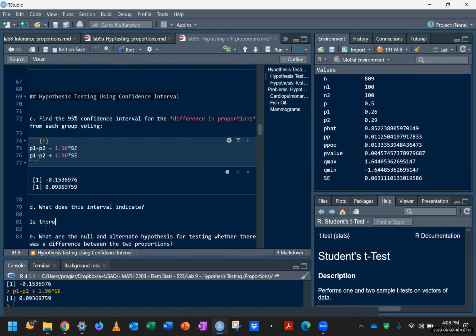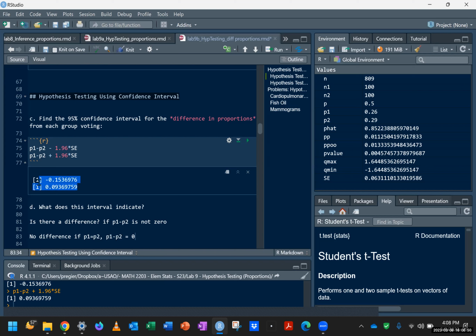Well, there would be a difference if P1 minus P2 is not 0, right? We would say no difference if P1 equals P2, which is the same thing as saying P1 minus P2 equals 0. So if these are equal, the difference will be 0.